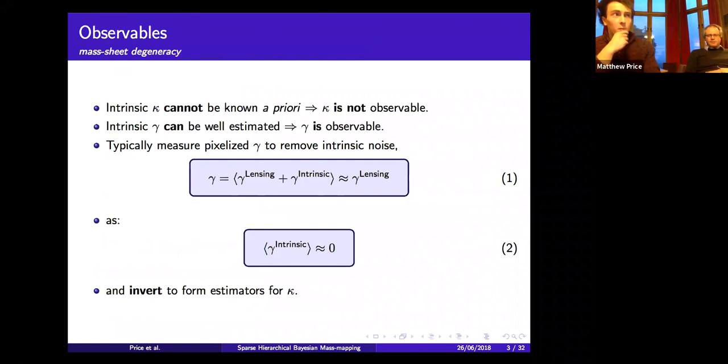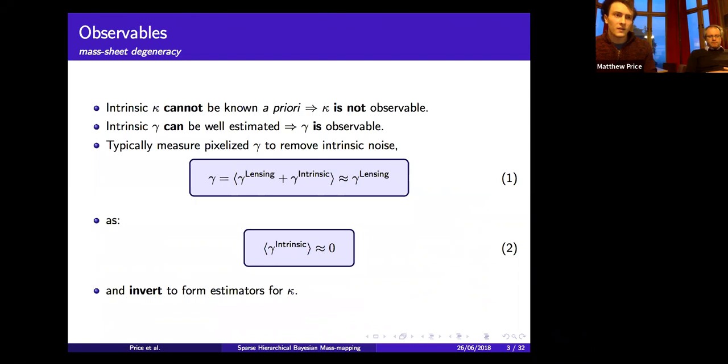So just to set up the problem, what is it that weak lensers actually observe? There are two primary fields of interest at linear order, which are the shear and the convergence. The shearing signal is essentially a perturbation to the ellipticity of observed galaxies, and the convergence signal is a magnification factor, essentially.